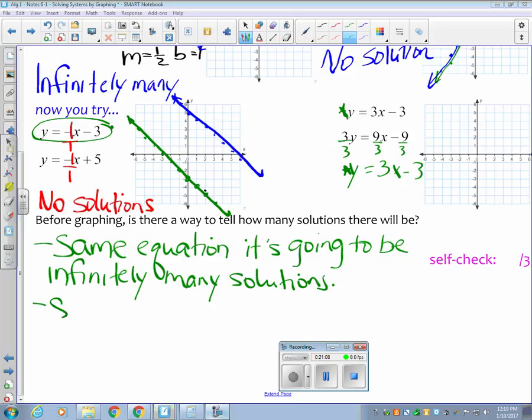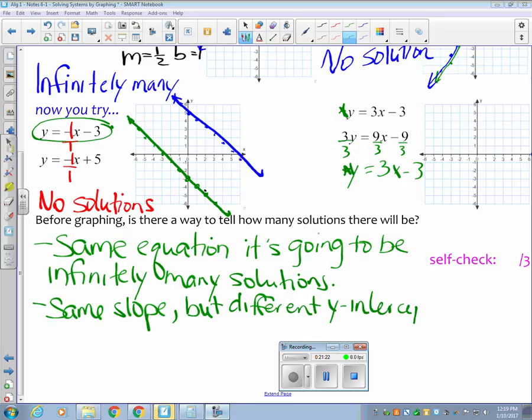When we have the same slope but different y-intercept, it's going to be no solution.